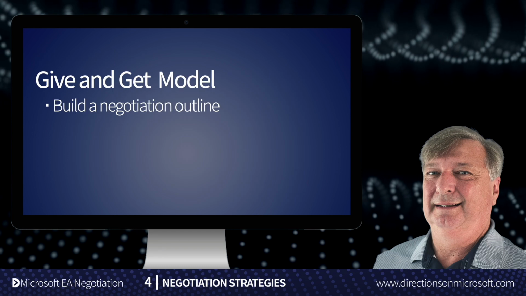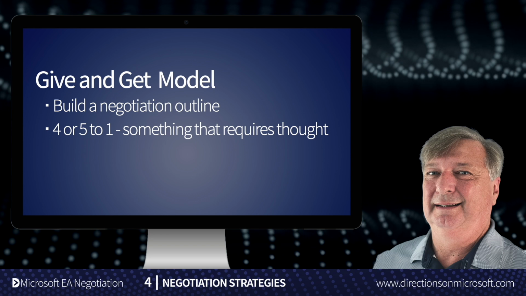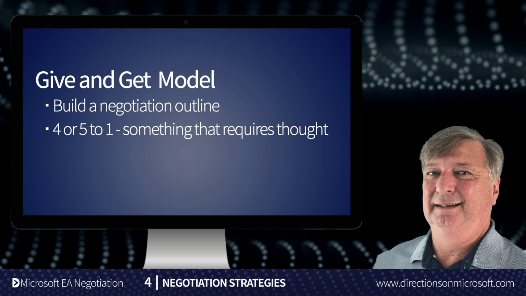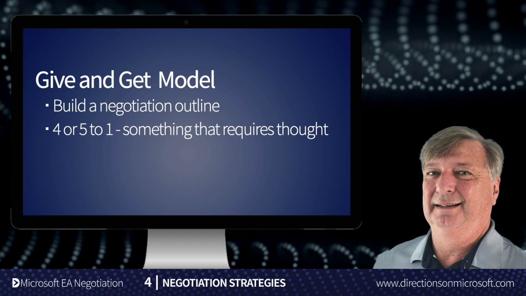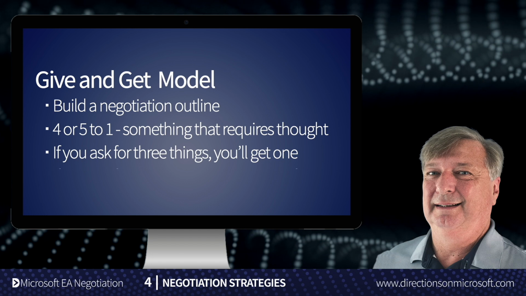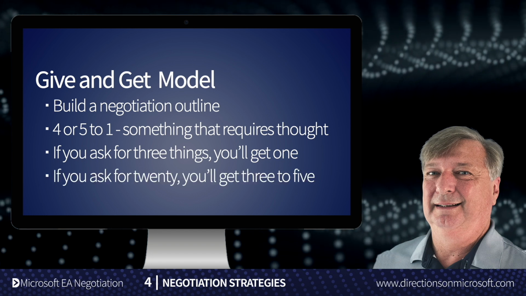And so building a negotiation outline that has probably 4 or 5 tradeaways for every one that you're going to get will be something that you need to put some thought to. Because if you only go in and ask for 3 things, you're going to get one. If you go ask for 20, you'll probably get the 3 or 4 or 5 that you need.